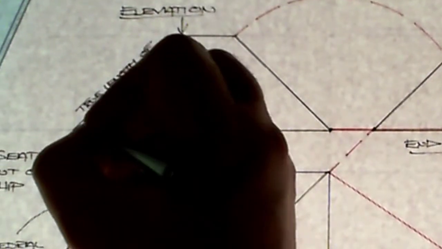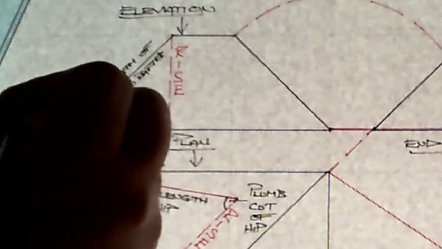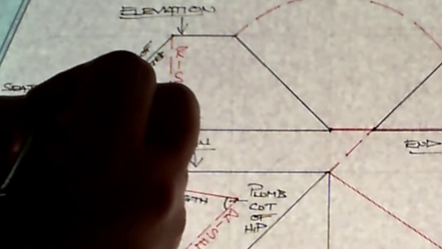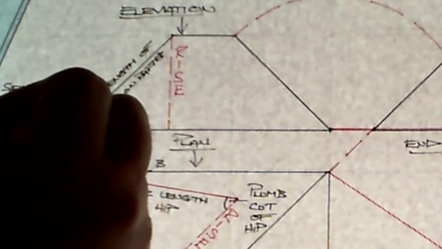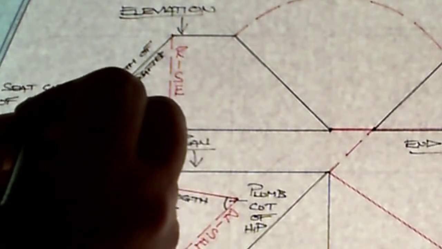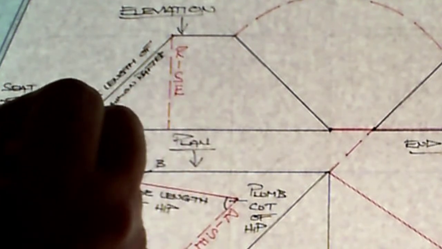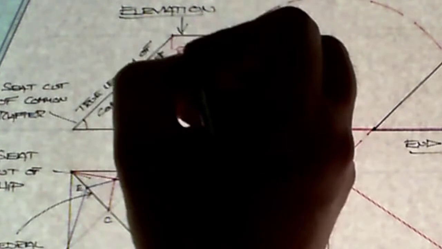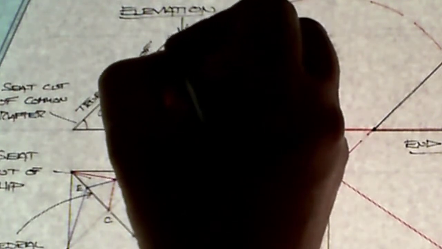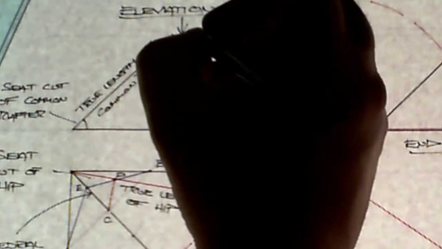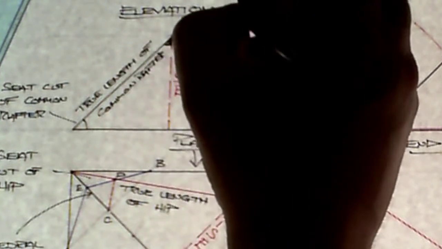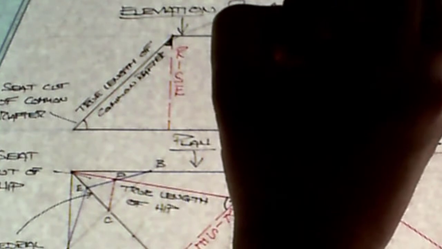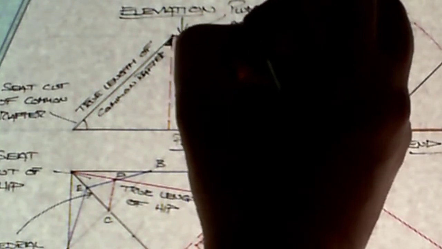This here, that's the seat cut of common. And this angle here, that is the plumb cut of common rafter.